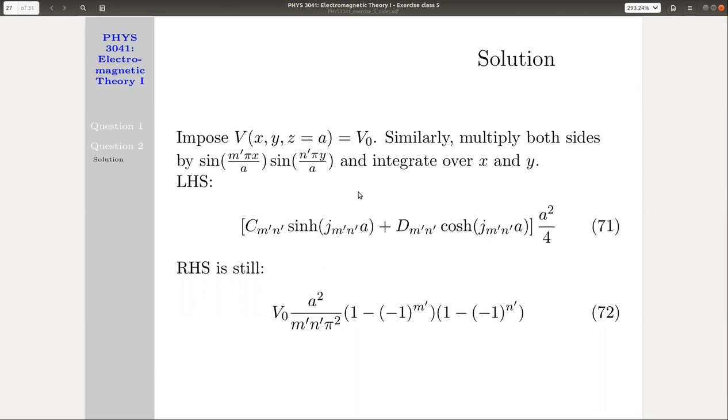Because the procedure is very similar, I do not give the very detailed derivation, but you should be able to get the left hand side to be equal to something like this. The right hand side, because it is just the same integral, is still the right hand side that we have computed in the previous slides.